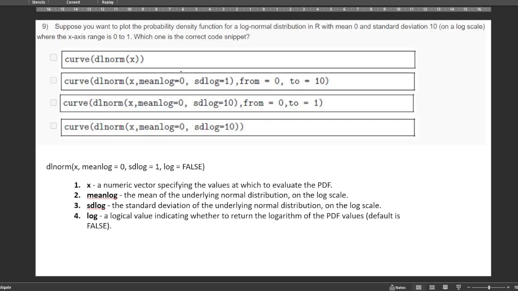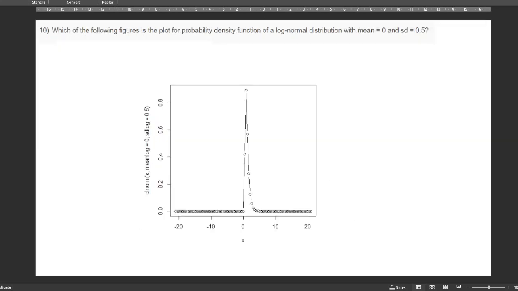So if you see curve(dlnorm(x, meanlog = 0, sdlog = 10)) from 0 to 1, this is correct. And also by default the curve is plotted from 0 to 1 only, right? So this can also be correct. Both C and D are correct for this question.